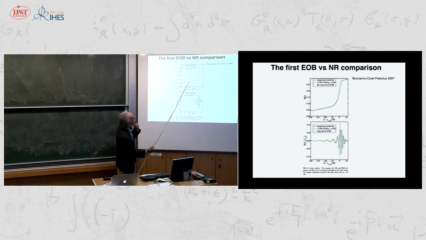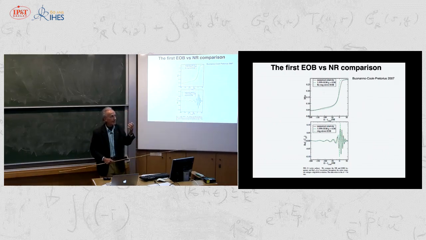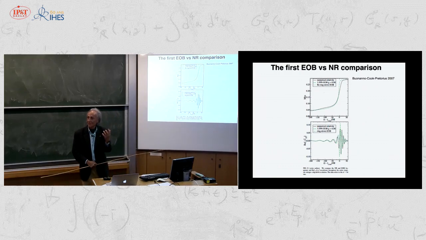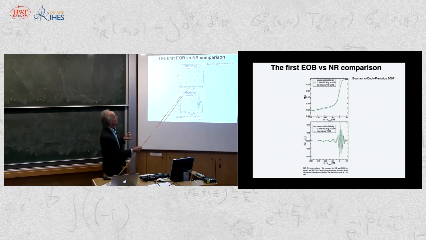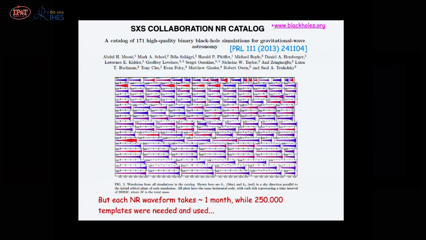Actually, here the difference is due to numerical errors, because EOB actually describes it very well here. What you can see is that the effective one-body analytical method was correct in capturing what happens at the merger of two black holes, but that after merger it's not very accurate.